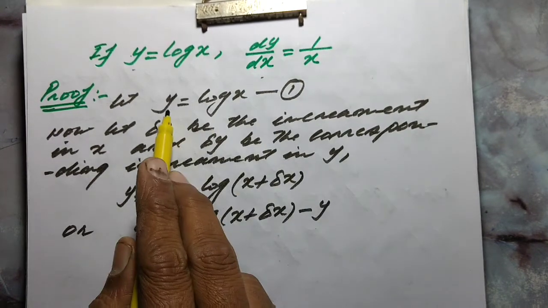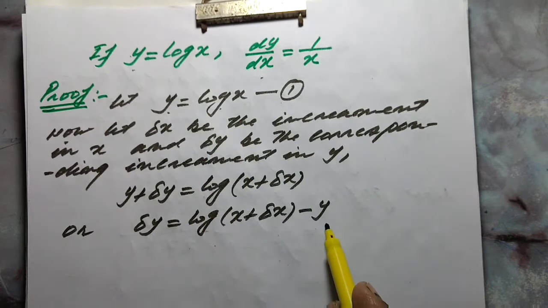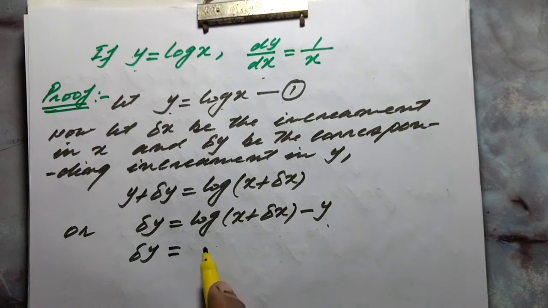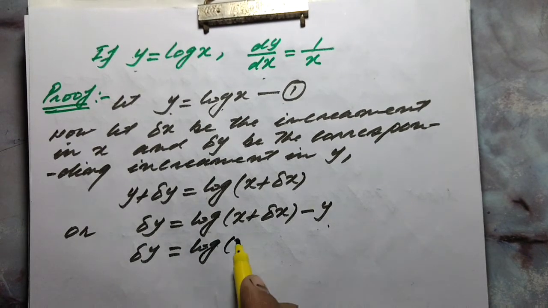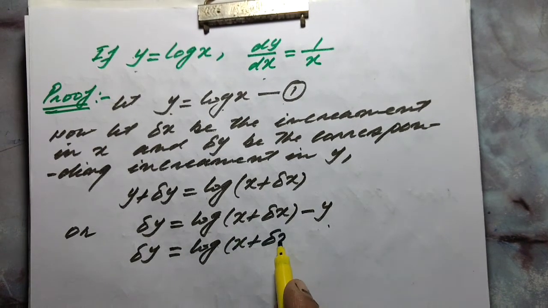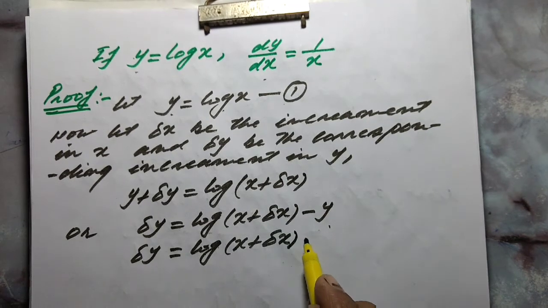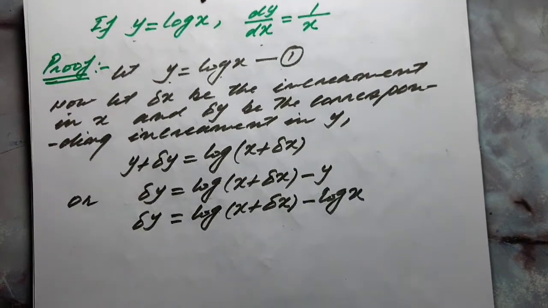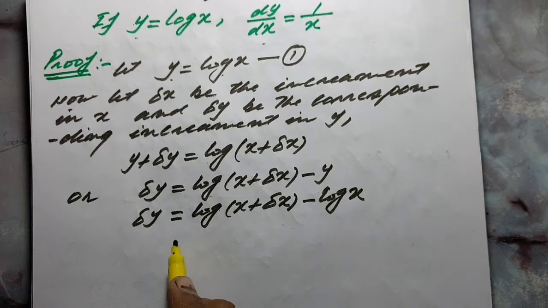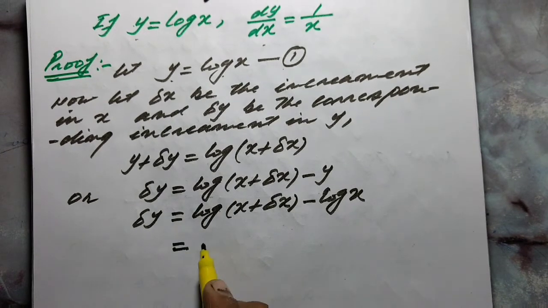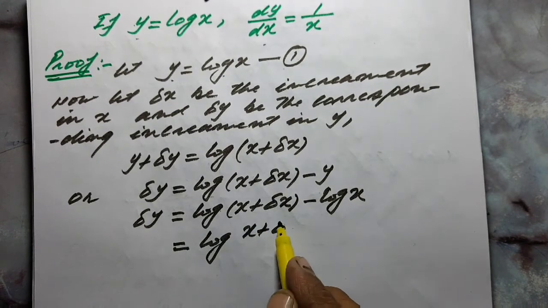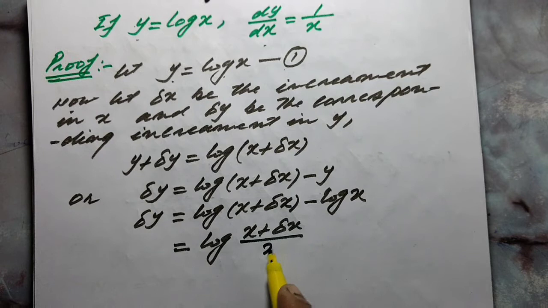Now substituting y is equal to log x from equation number 1 in this equation, we get delta y is equal to log x plus delta x minus log x. So as we know that log m minus log n is equal to log m upon n, this may be written as log x plus delta x upon x.